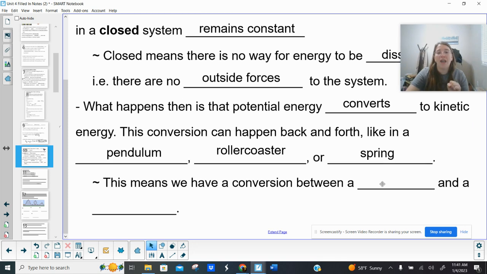So this means we have a conversion between a height and a velocity, or a speed. If you read a problem and there is a height and they're asking about a speed, or a speed and they're asking about a height, you are thinking in terms of conservation of energy, and in this case, the conversion of energy.